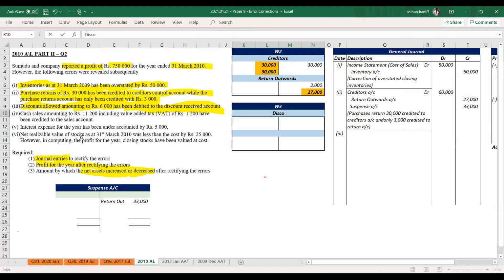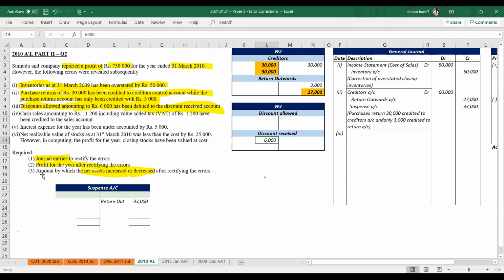So actually it's discount allowed, recorded in discount received. 6,000 has been debited to discount received. So 6,000 discount received is debited.